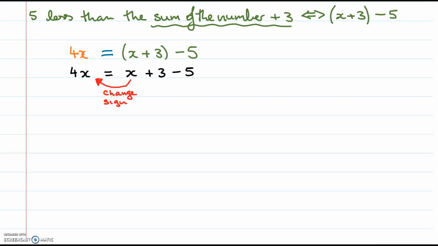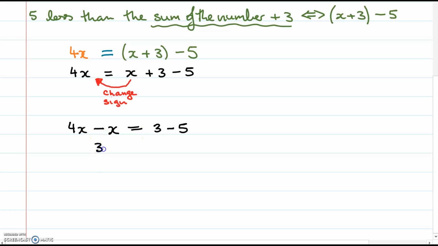That's going to give us 4x minus x equals. These two haven't changed. They're still the 3 and the negative 5, in the same place. 3 minus 5. We can drop the plus in front of the 3 now because there's nothing in front of it. And now we tidy it up.